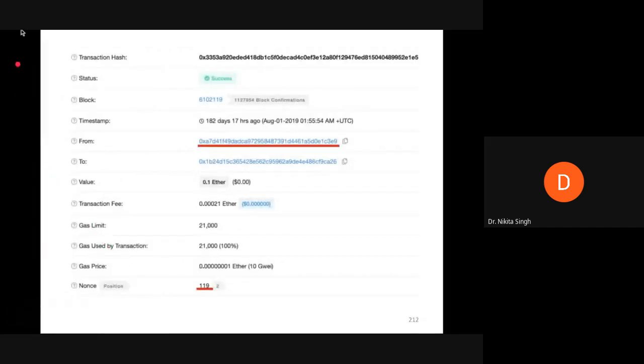Now, if you look at this example here, again we have the same address, our address, which ends with C3E9. Now, the nonce is 119. So if you just look at this transaction here, the transaction nonce is 119. Now, does this mean your address has sent 120 transactions up to this point?